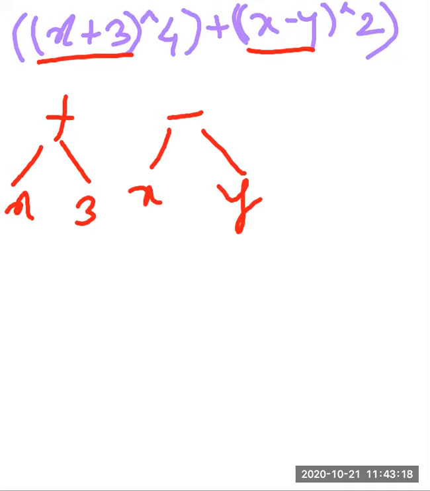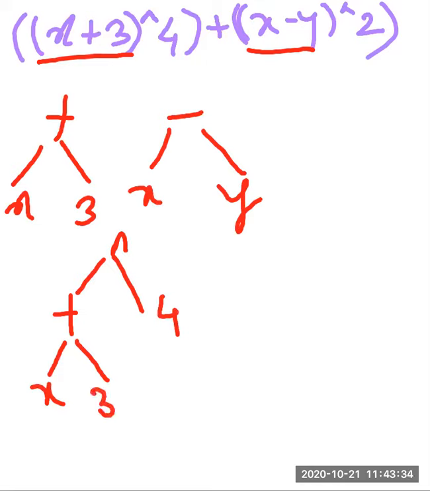Then once the x plus 3 is done, we'll have raised to 4. So 4 and plus should be at the same level, and x and 3 are at a different level. Similarly, on this side, it will be minus raised to 2. And what is minus? x minus y.